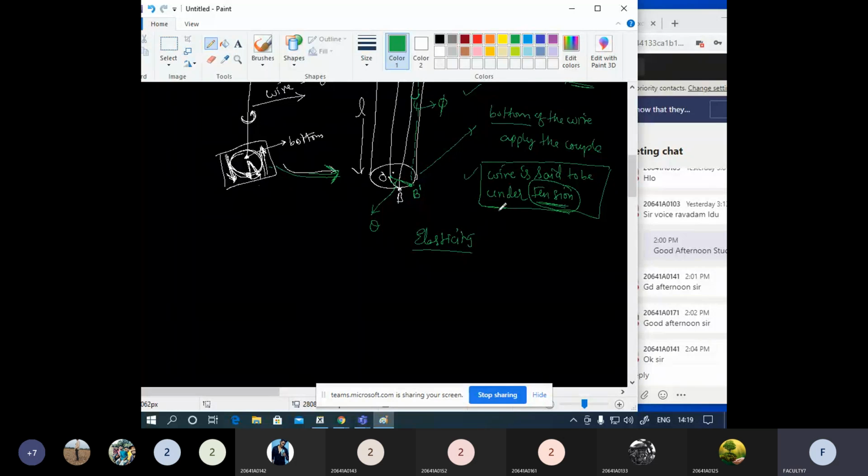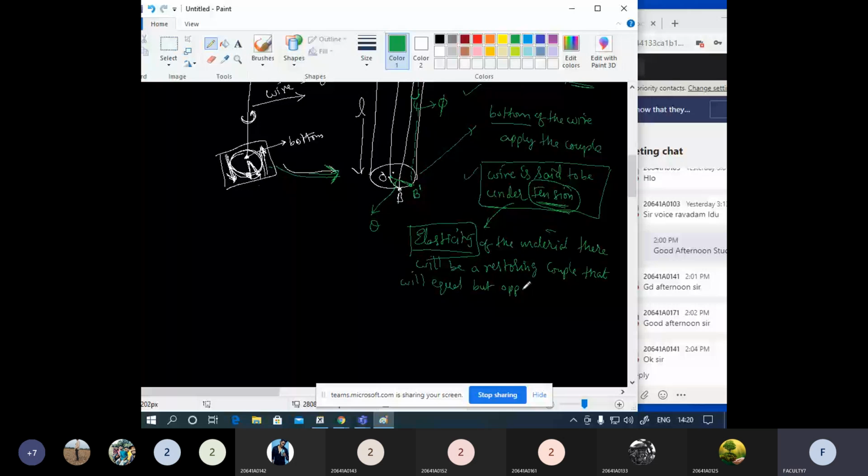Now here, under tension, due to the elastic property of the material, there will be a restoring couple that will act, equal but opposite in direction.